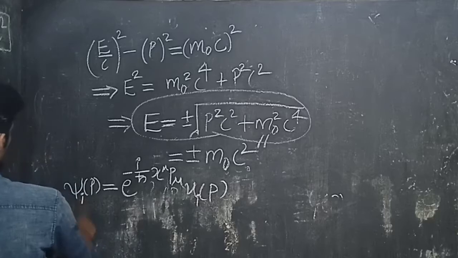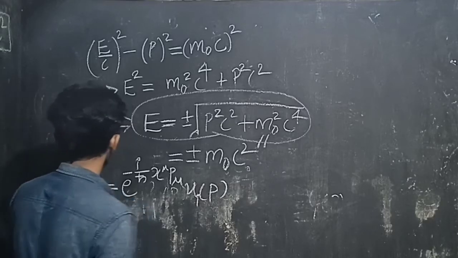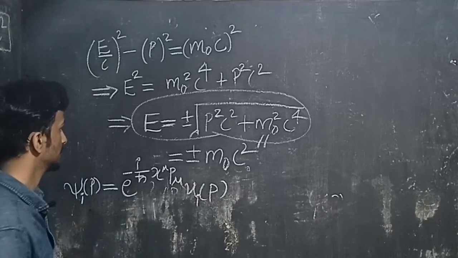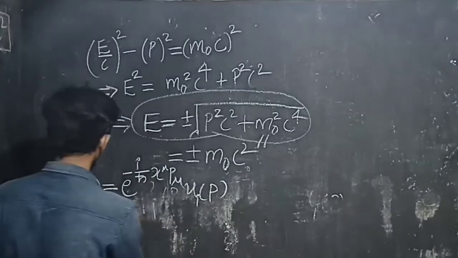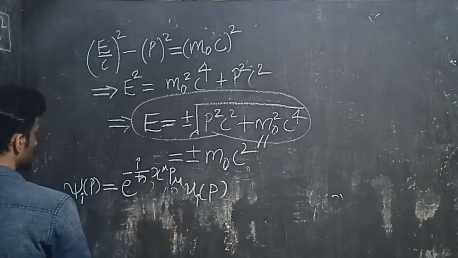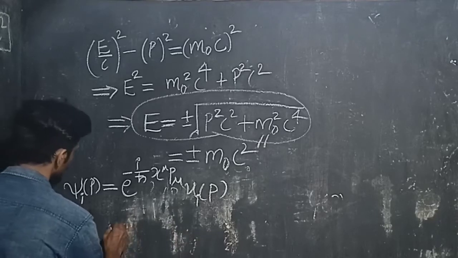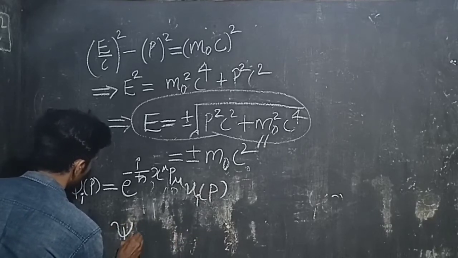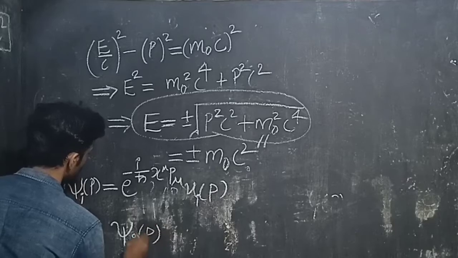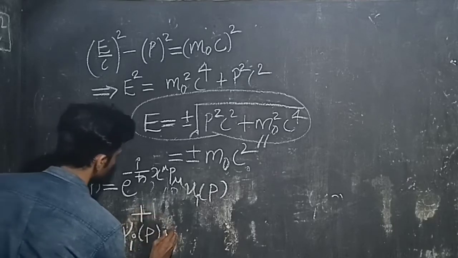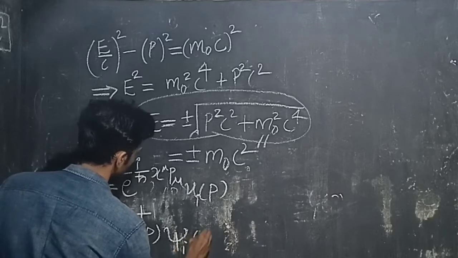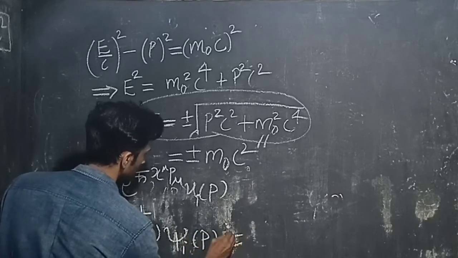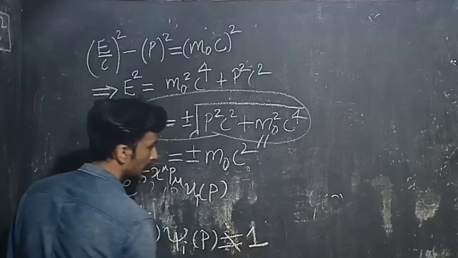So there are 4 solutions, 2 correspond to positive energy and 2 correspond to negative energy. We will see the significance of negative energy later. In fact, this solution is not normalized because psi i of p dagger times psi i of p is not equal to 1.